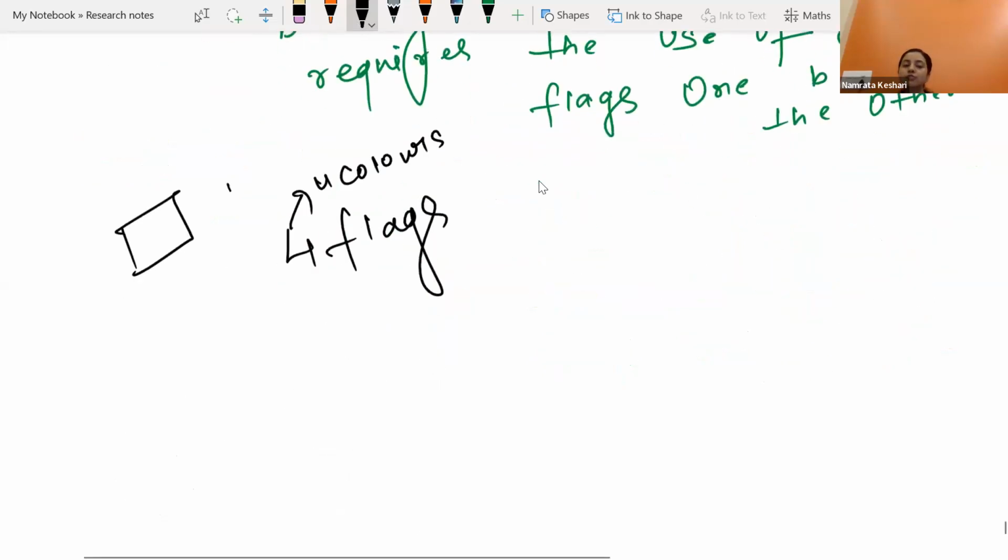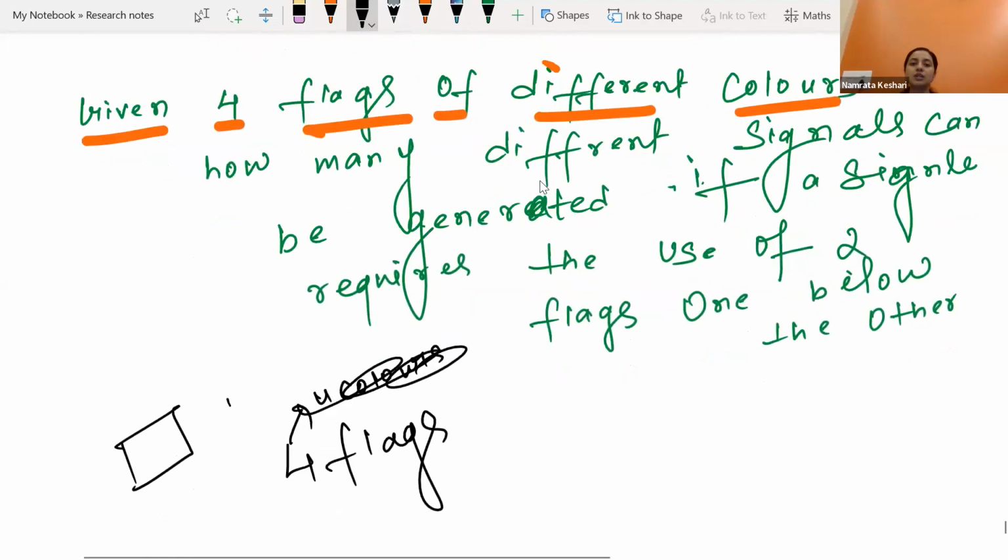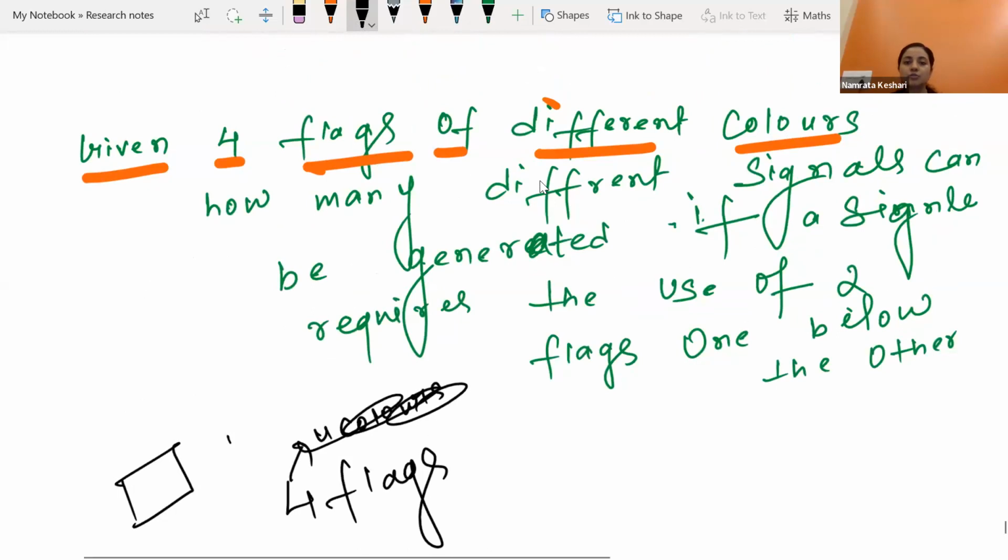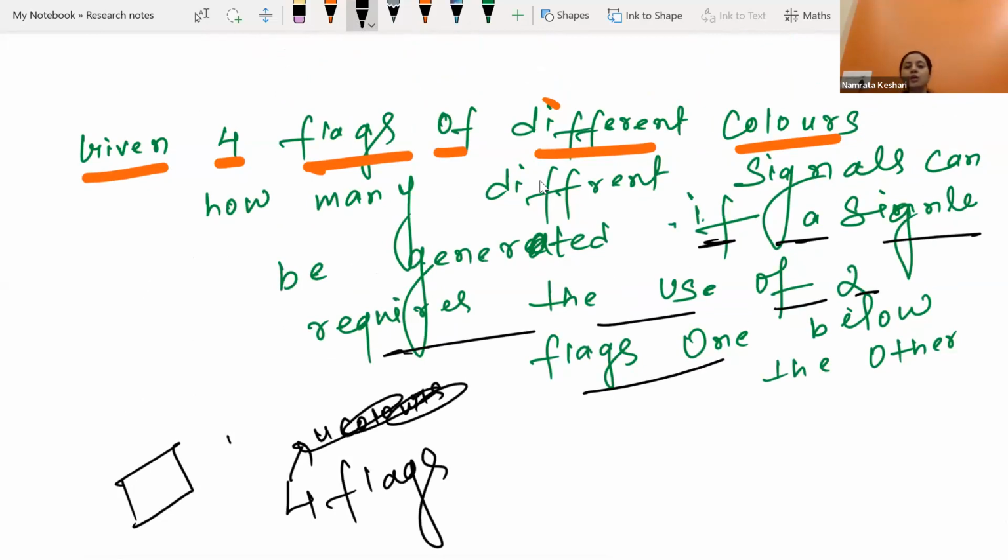Okay, so total four flags we are having, four colors, four flags, whatever you want to say. With the help of these four flags, what do we want to generate? If a signal requires the use of two flags, one below another, we want to generate signals.